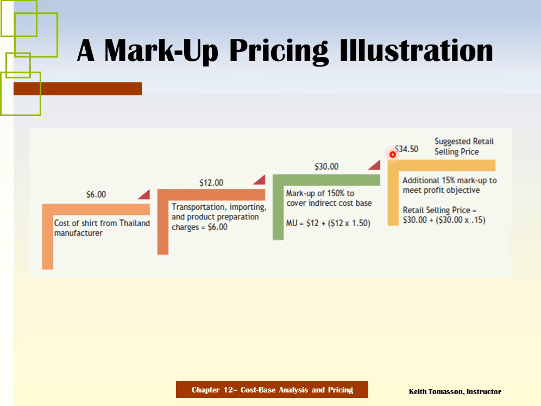So our suggested selling price now becomes $34.50 for the cost of that $6 shirt that was produced by the manufacturer in Thailand. So we've gone from $6 up to $34.50 to cover all of our variable costs, to cover all our fixed costs, plus a 15% profit objective.